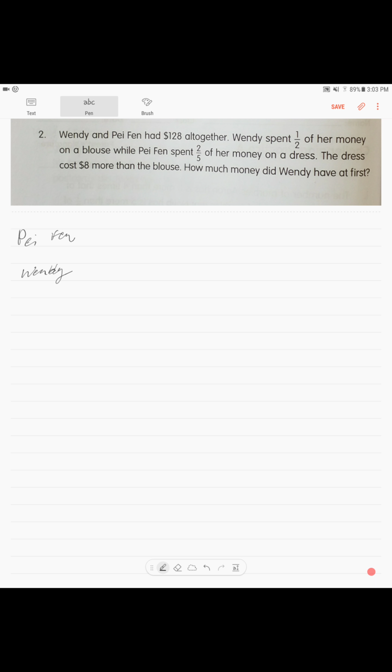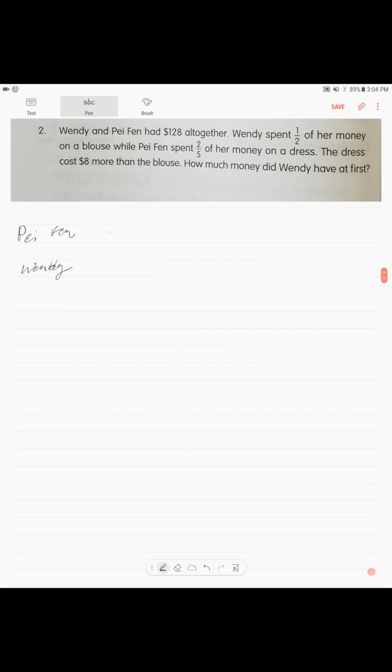We know how much money they have altogether, and we know how much they spent. Wendy spent half of her money, and Pei Fen spent 2/5 of her money on a dress. The dress cost $8 more than the blouse. Let's think about Pei Fen first.